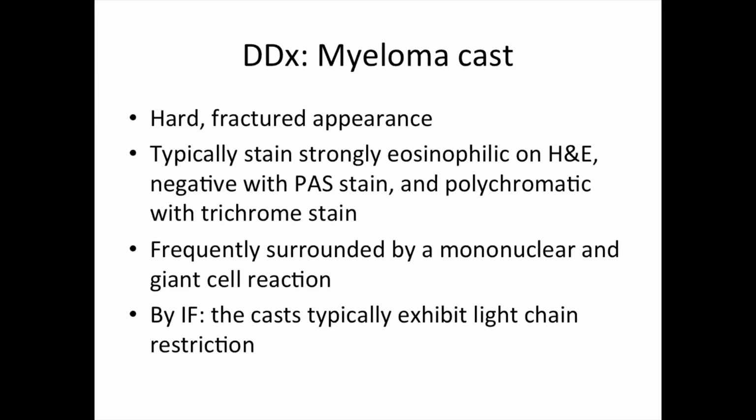You will see pictures. They are hard. They are fractured. زين. And they do stain strongly eosinophilic on H&E, and they are negative with PAS stain زي ربعنا ديلاك. But they are polychromatic via trichrome stain.